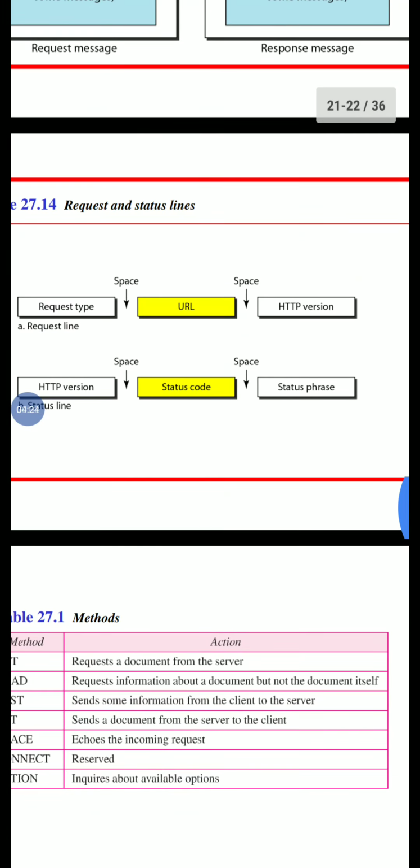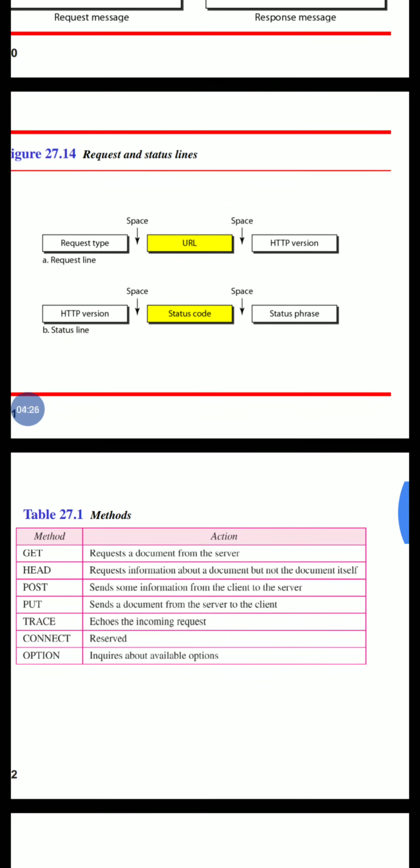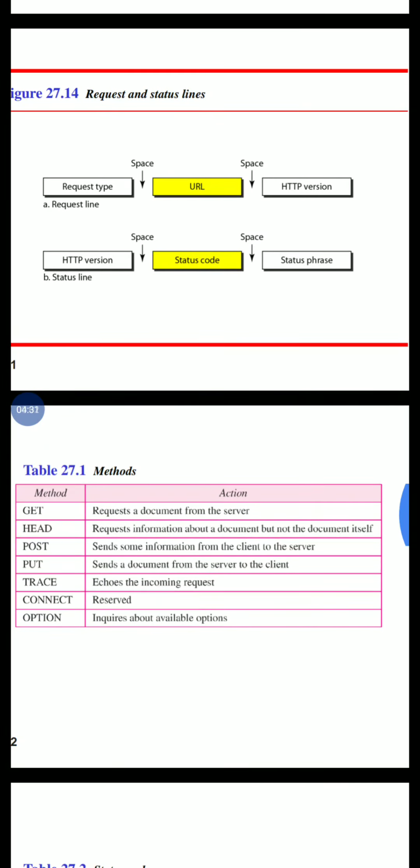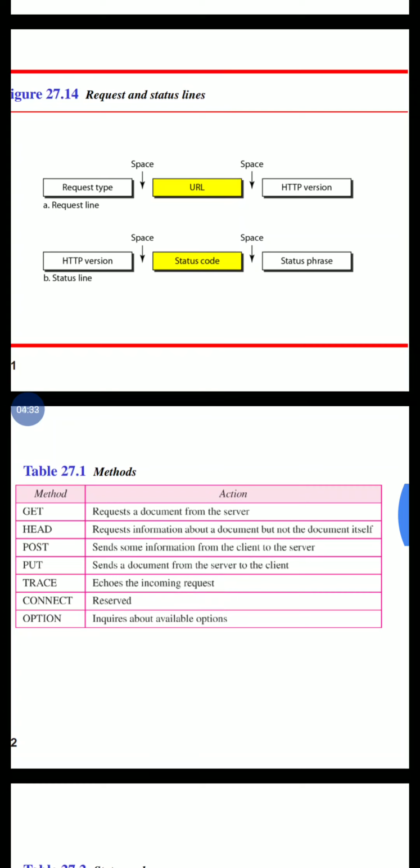There are some methods which are used in the request and response messages. When you are in the final year, you have a subject called web technology, in which we will see all these request and response messages regarding the web. There are some famous methods that we can discuss.